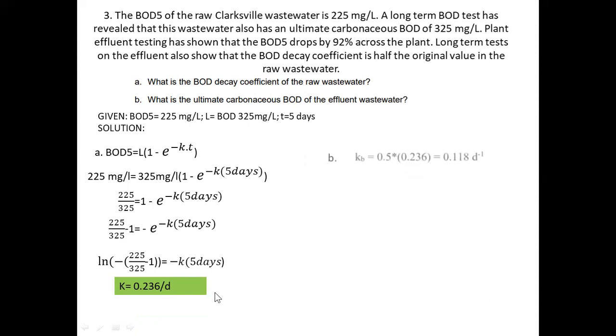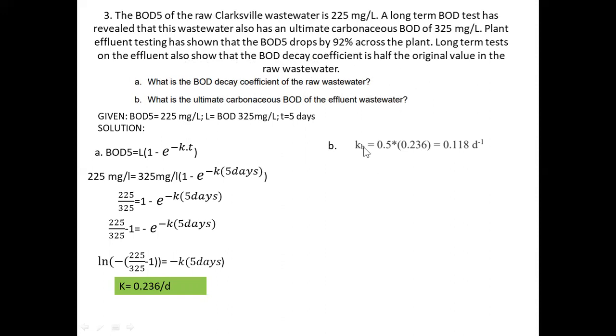Now, for letter B, to solve for the ultimate carbonaceous BOD of the effluent, we are given the following statement on this problem. The plant effluent testing has shown that the BOD drops by 92%. Okay? And long-term tests on the effluent also show that the BOD decay coefficient, or our k from letter A, is half of the original value.